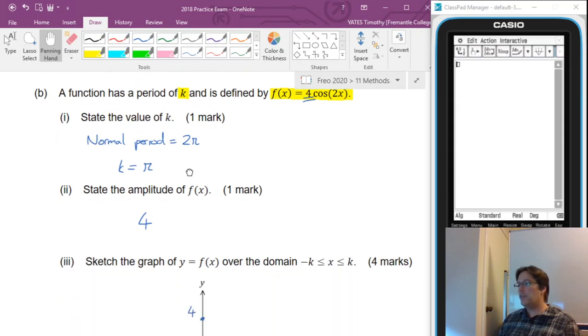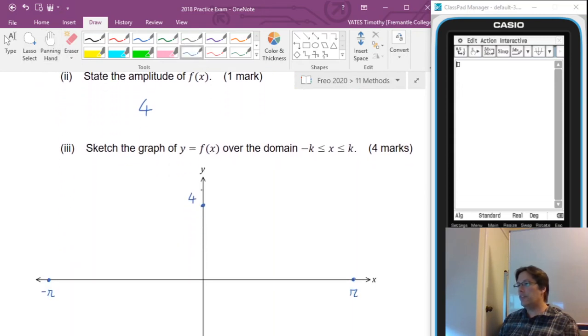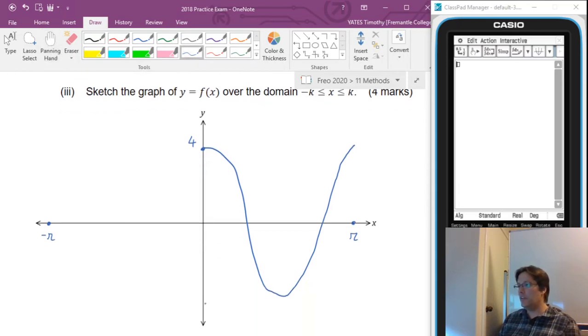If that's the full period, we expect it to go the full range of its values. So we would expect it to look something like this. So it goes a full range of values. We don't need to have that one perfect, but we do need to have it end at the same point of 4 and go down to negative 4 as our minimum.